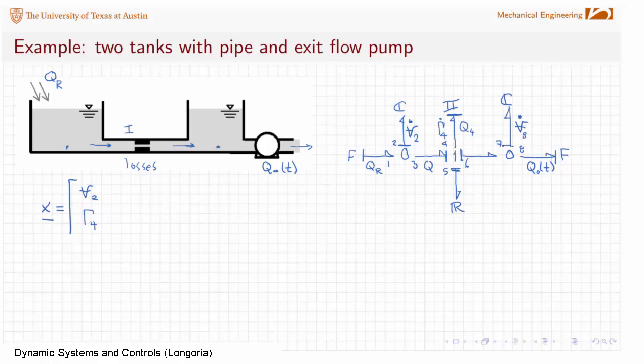Now I am forced to apply flow effort from here, which is good because now I've got my final independent energy storage element. So I've got 3 of them. So I've got 3 independent energy storage elements, which implies n equals 3. The 3 states are the states of the system. Final one here is what? V8.